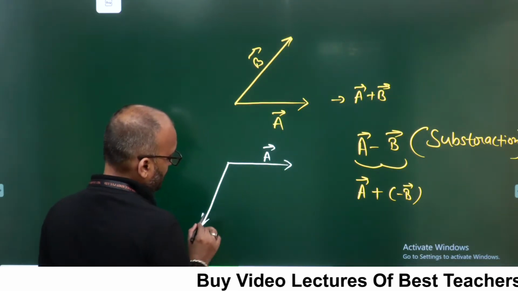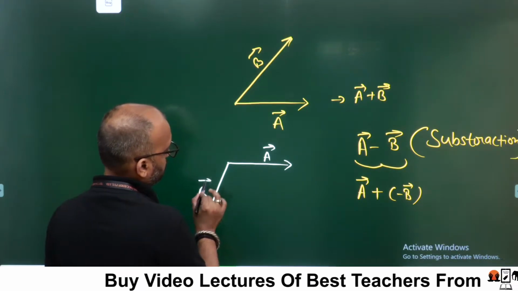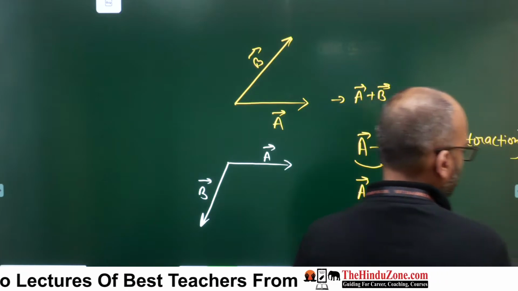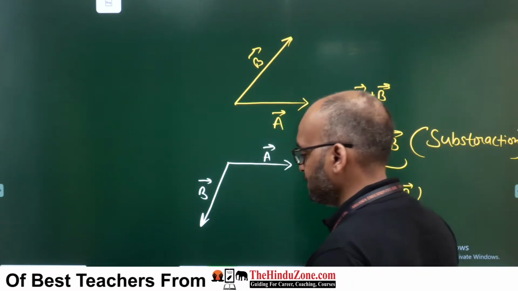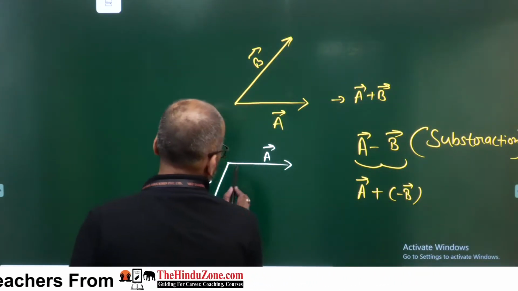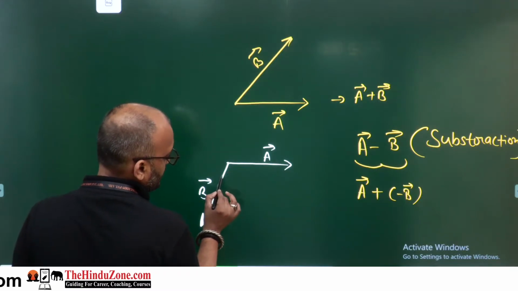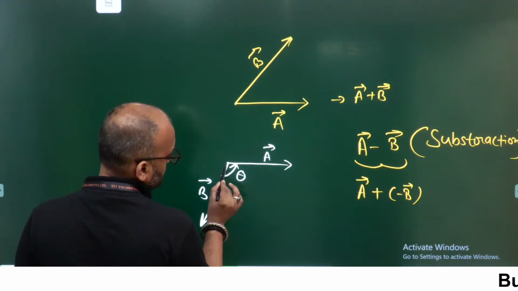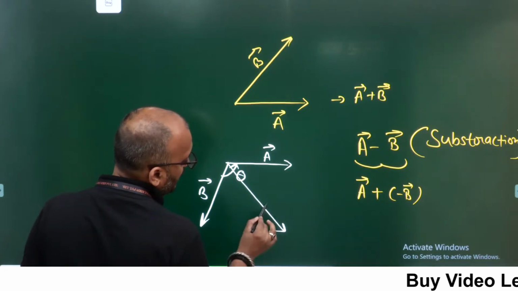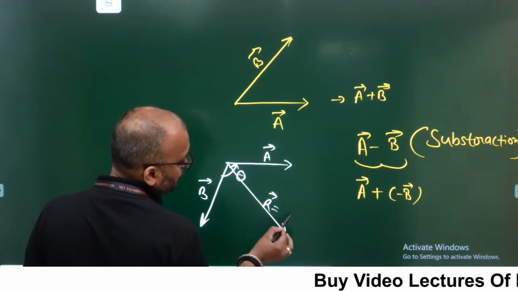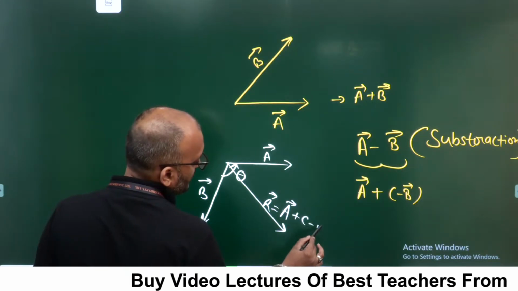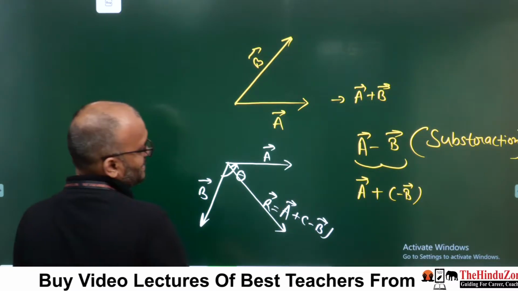This will be minus vector B. So this will be their resultant. This is the angle between them, theta. This is the resultant, R. R is equal to A plus minus vector B, that is A minus B.